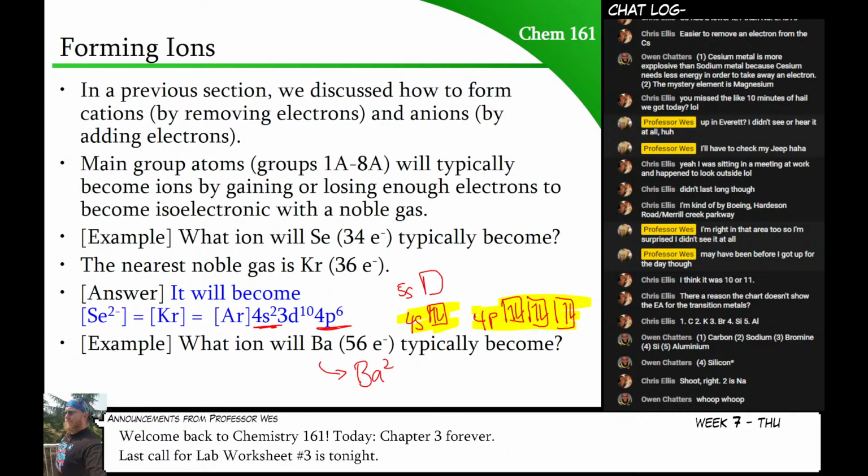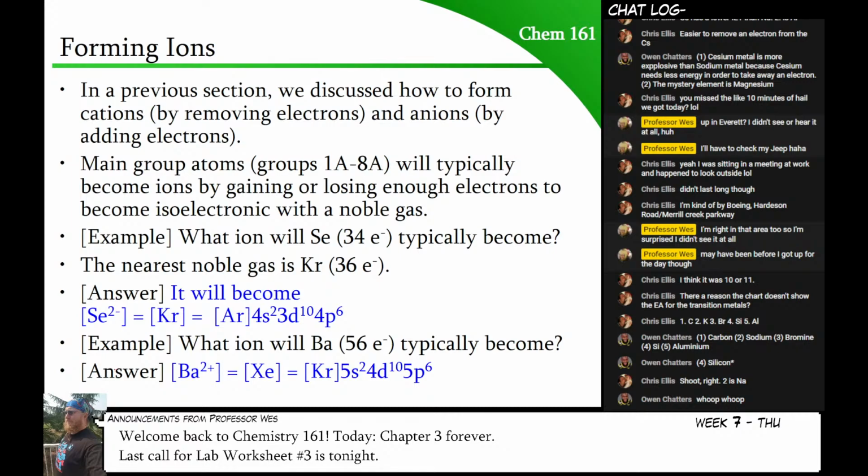So the ion we would expect would be barium plus 2. Oh, barium's in row 6, so I wrote the wrong numbers. It should have been 5s and 5p and 6s. Oh well, whatever. I accidentally did strontium, but same idea.